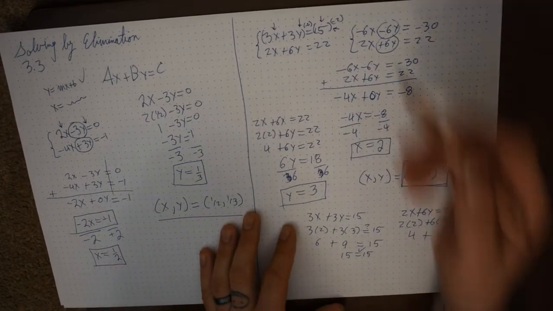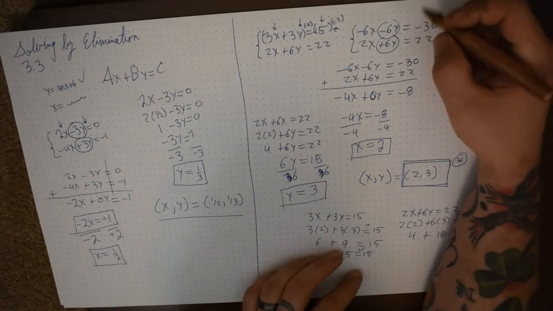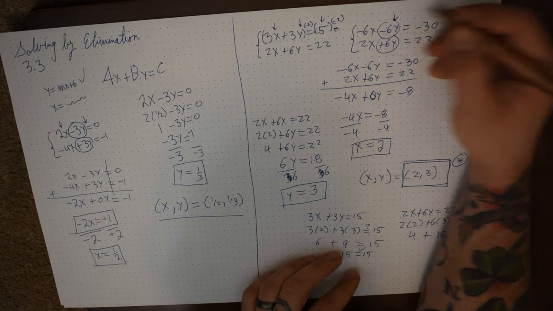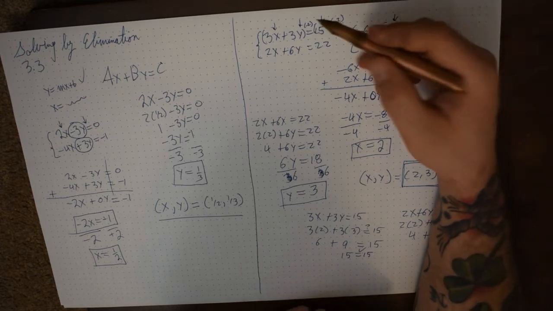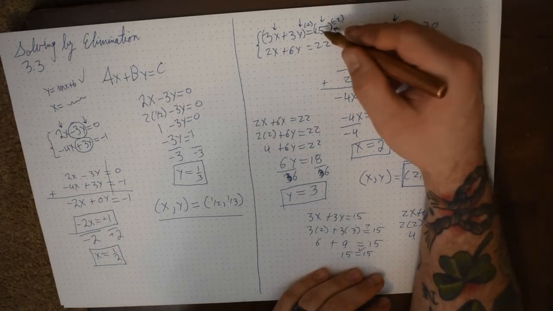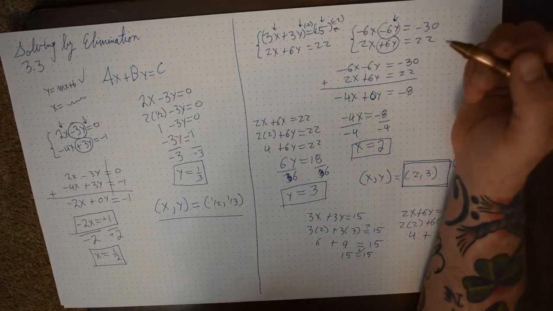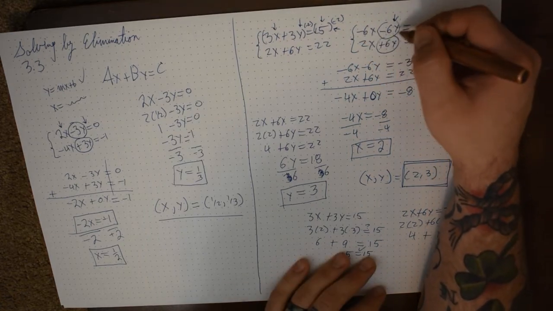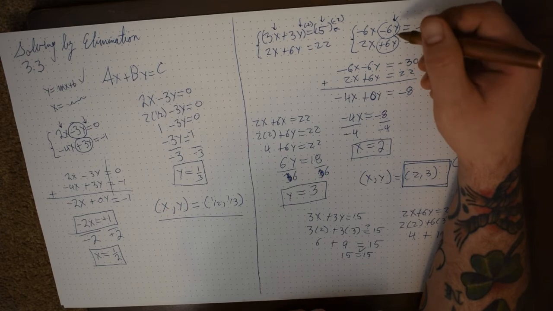The trick on this problem was we didn't have the thing that we needed, for lack of better terms. So what we did was multiply both sides of this top equation by negative 2, so we could get terms whose signs were opposite.